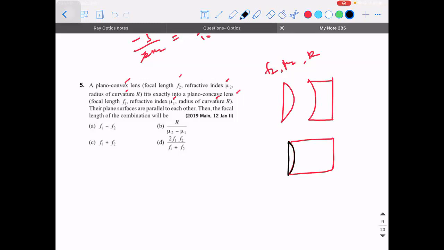I think it is something similar to the first problem. It is mu2, f2, r, mu1, f1, r. Their plane surfaces are parallel to each other. Then the focal length of the combination will be 1 by f equivalent is equal to 1 by f1 plus 1 by f2.